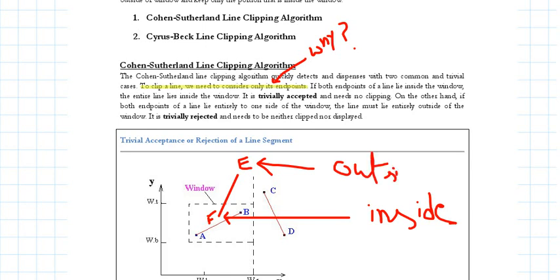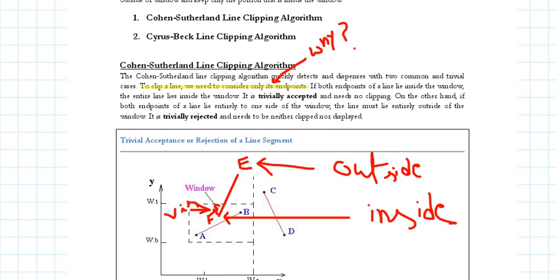So, this is actually a third type of case where you cannot apply those trivial acceptance or trivial rejection conditions. Why? Because some portion of the line will be visible through your viewing window.